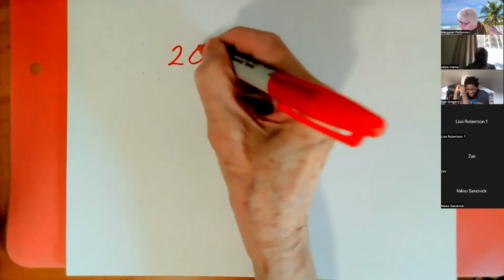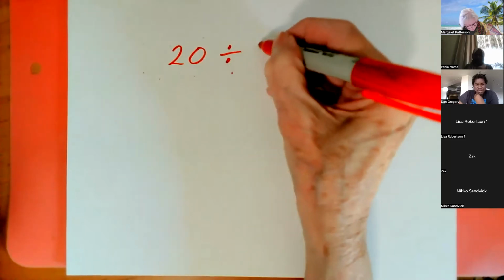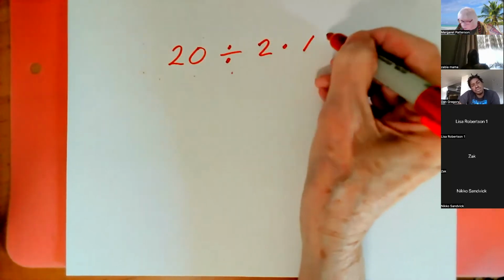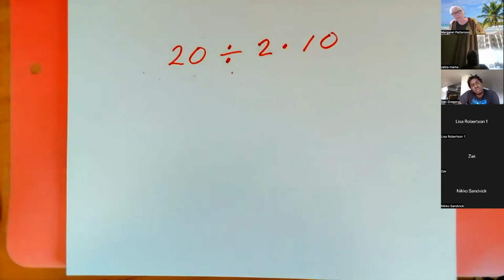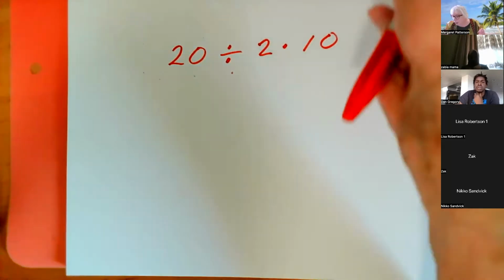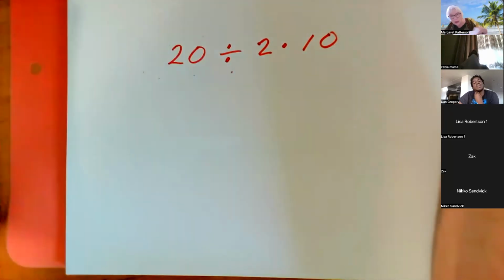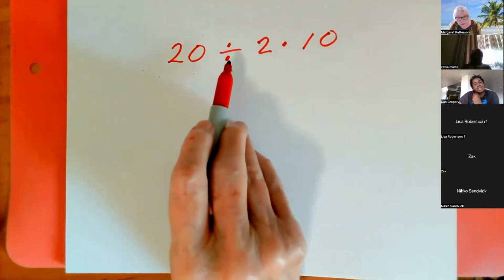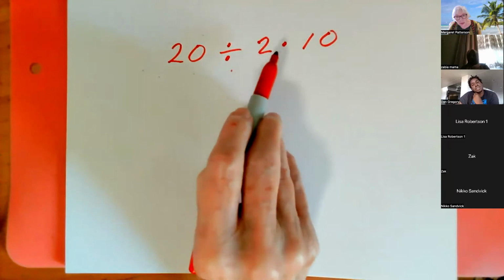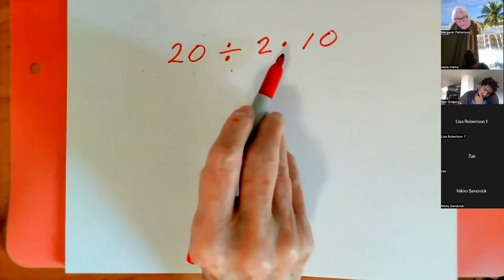Okay. 20 divided by 2 times 10. Now, if you remember my list, the two operations are division and multiplication.